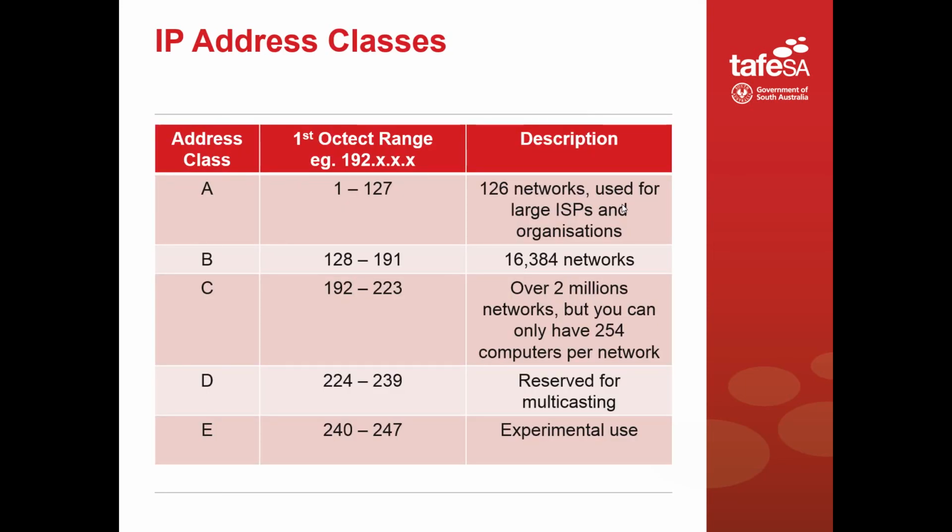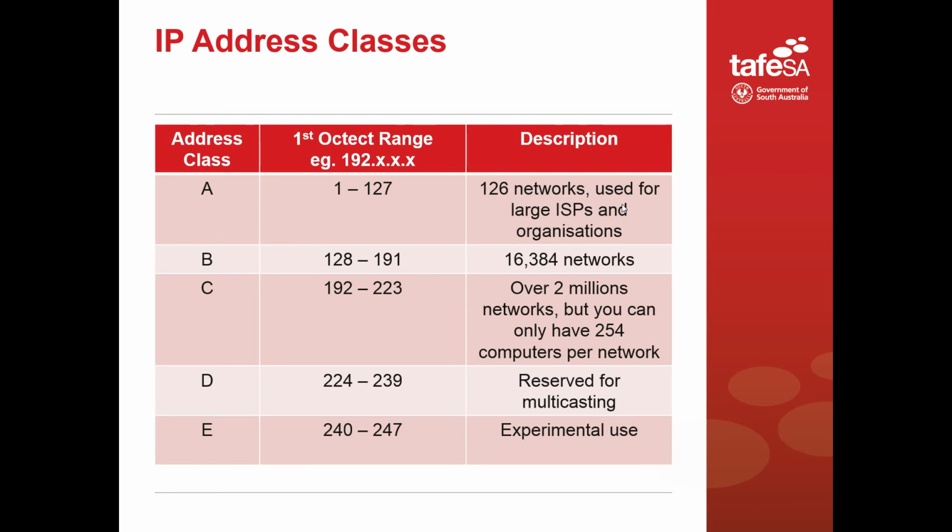Now that we know the range, going from 0 to 255, we're going to have a look at the IP address classes. You can see I've got the address classes A, B, C, D and E in the first column. In the second column, I've specified the first octet range.